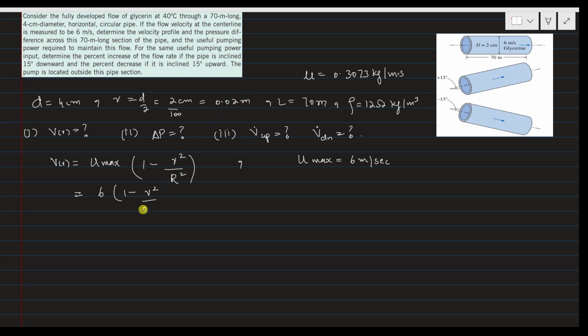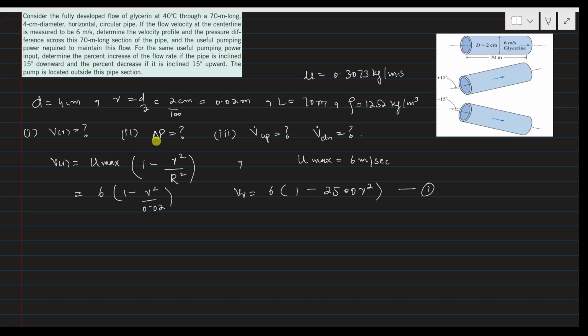So after simplification, you will get the velocity profile V(r) equals 6 times (1 minus 1 over 0.02 square times r square). When you solve on the calculator, you will get its value, that is 6 times (1 minus 2500 r square). And this is our first requirement.